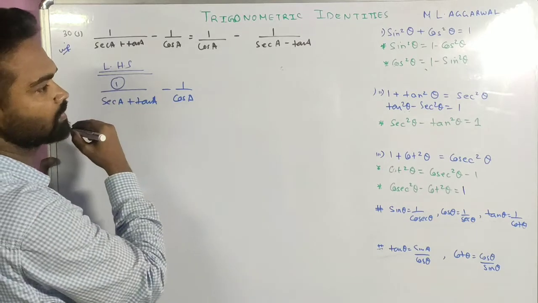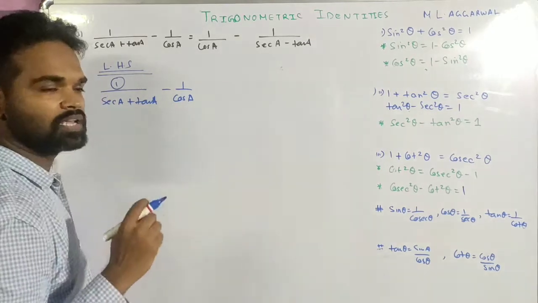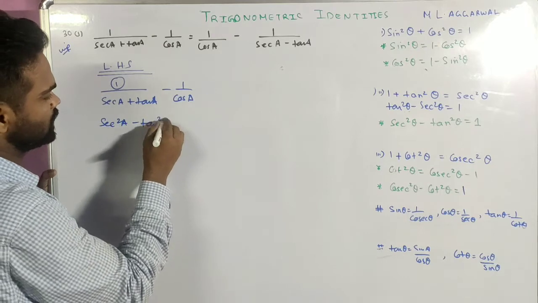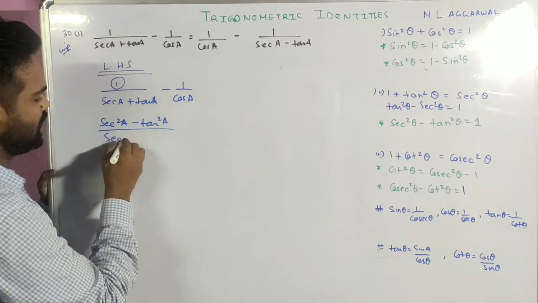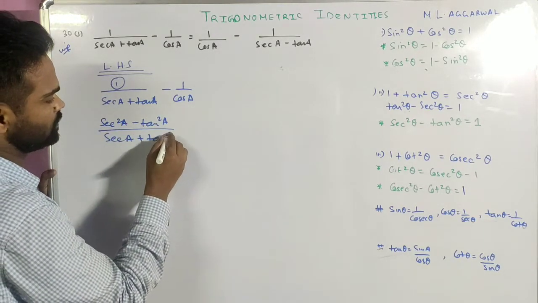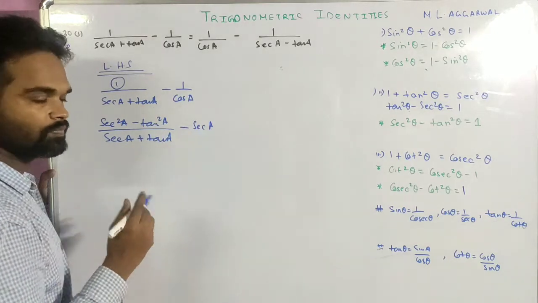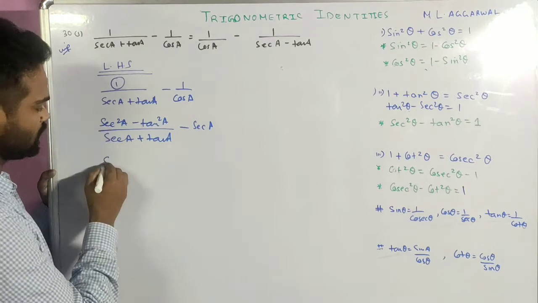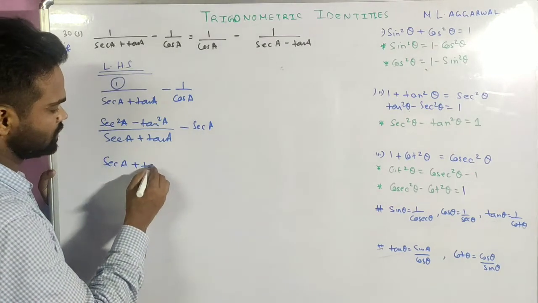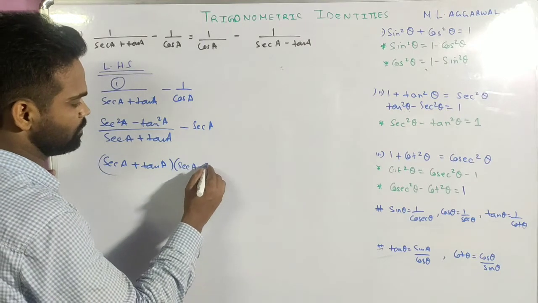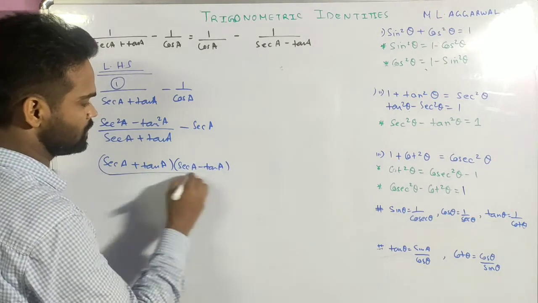Now 1. Can I write 1 as sec square A minus tan square A? Sec square A minus tan square A. Denominator as it is. Just look carefully. And 1 by cos A is nothing but sec A. Now sec square A minus tan square A, can I write sec A plus tan A multiplied by sec A minus tan A, isn't it?